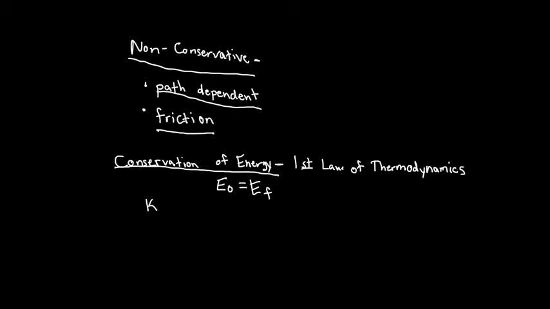So you could have kinetic energy initial plus some potential energy initial, PE initial, that's possibly comprised of potential energy due to gravity initial plus potential energy due to a spring initially. And then we can add on work due to non-conservative forces.